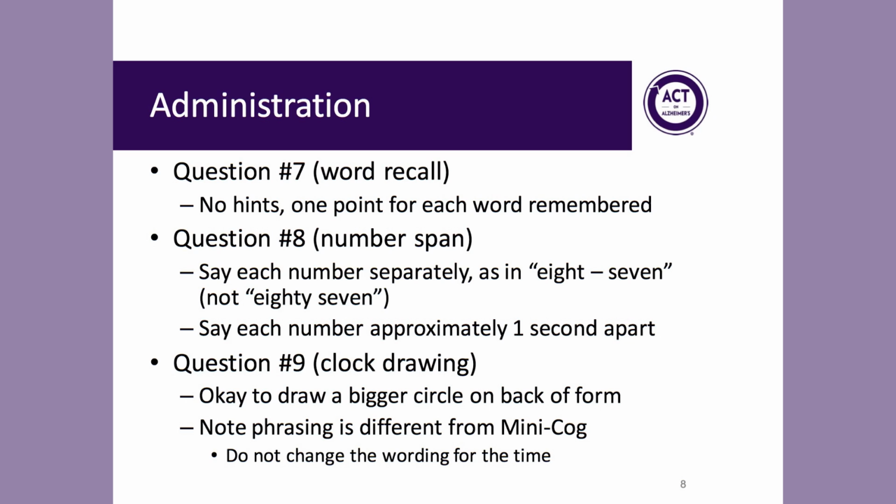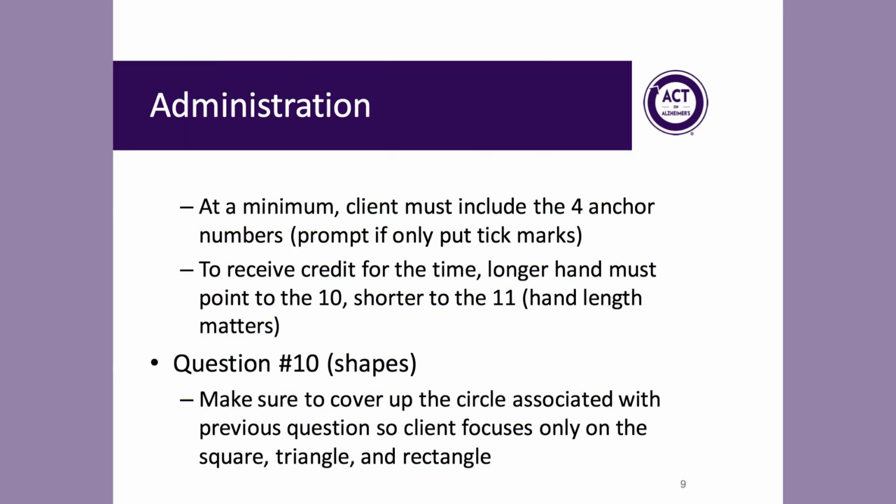Note that if you're used to administering the mini-cog, the directions on the clock drawing portion for the SLUMS are different, so do not change the wording for the time. In this example, you are asking the patient to set the time for 10 minutes to 11 o'clock. For the clock drawing, at a minimum, patients must include the 4 anchor numbers 12, 6, 3, and 9.